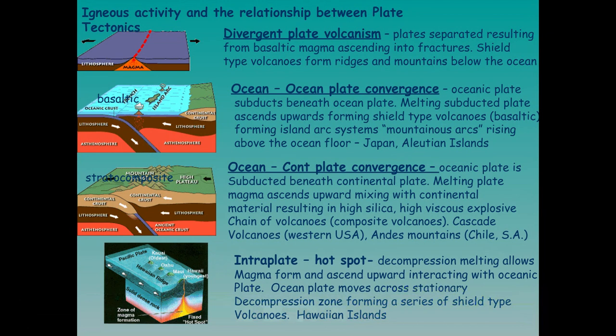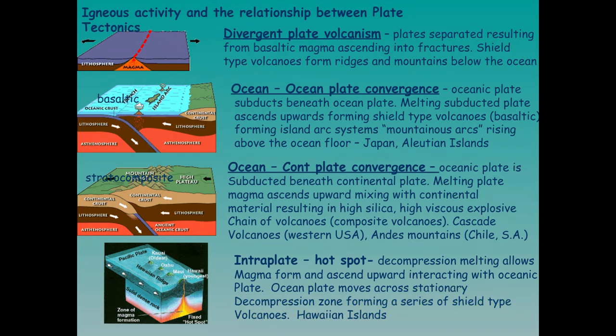So again, here you have basaltic material being formed from decompression, and you have it reacting with oceanic plate, which is also basaltic material. So you have basaltic reacting with basaltic, which is going to give you mafic type compositions, low silica, low viscosity.